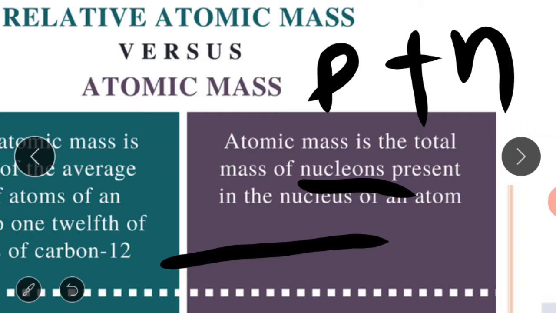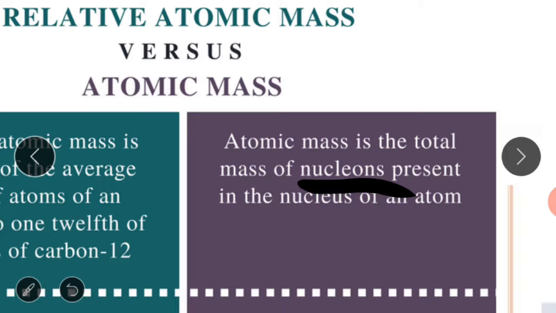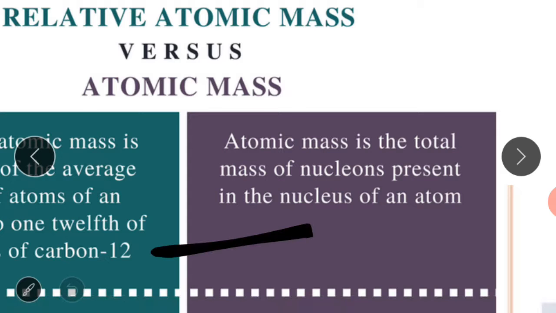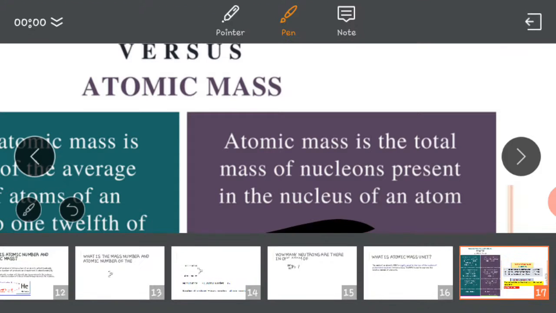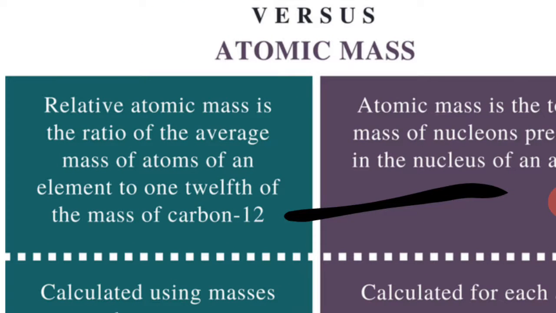While relative atomic mass is the ratio, or you can say the average mass of atoms of an element to 1/12 of the mass of carbon-12. We are going to relate the mass of any element with carbon-12. This is the relativity of the atomic mass.